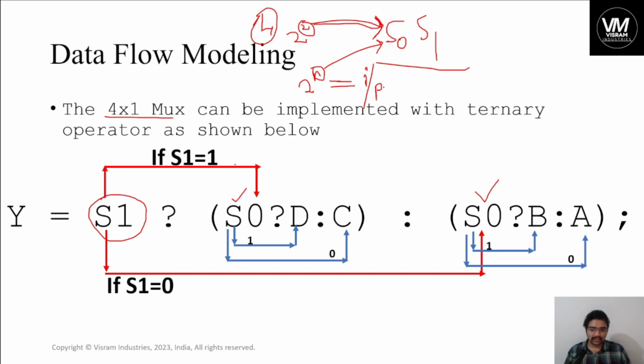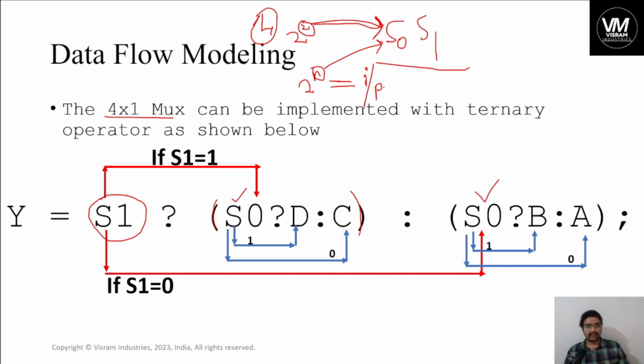So follow along with me with the red and blue lines. That is why I'm explaining individually between data flow modeling, behavioral modeling and gate level modeling. It is not about the time, it's about the understanding. So go to S1. If S1 is equal to 1, come to this bracket.